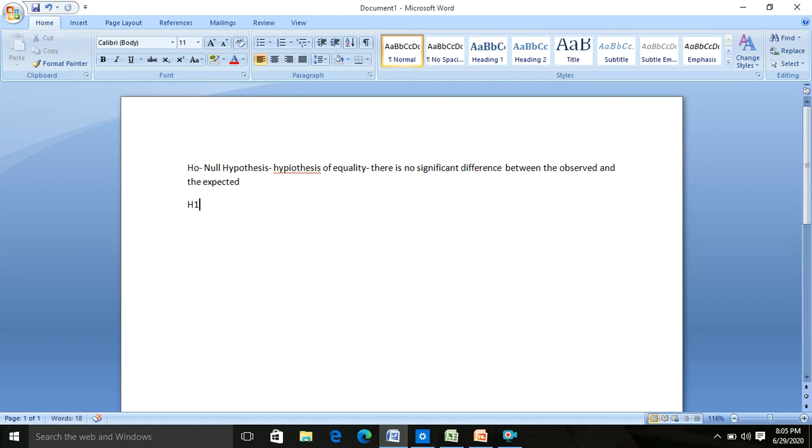While the alternate hypothesis H1, which is alternate to the null hypothesis, says that there is a significant difference between the observed and the expected value.